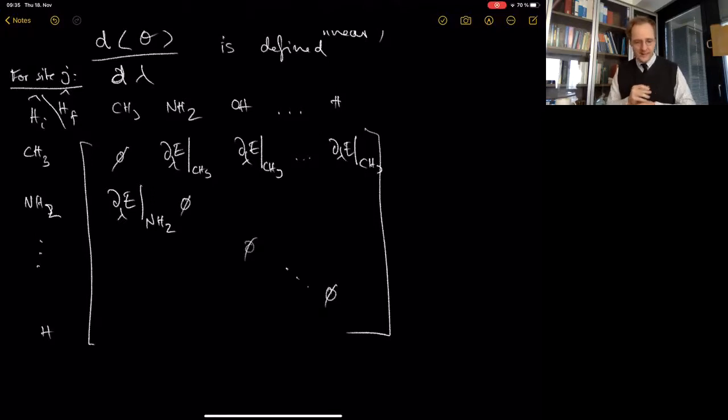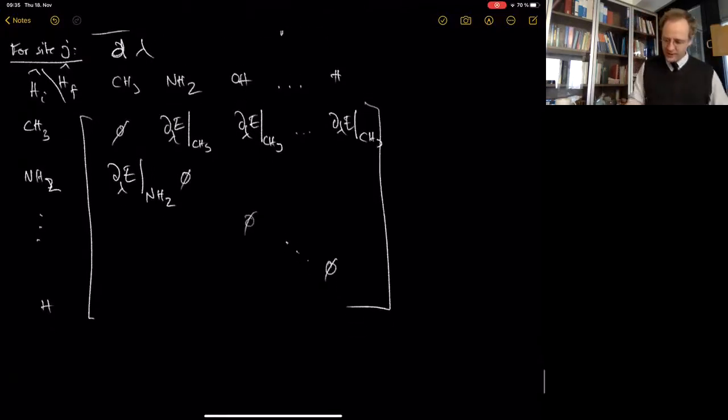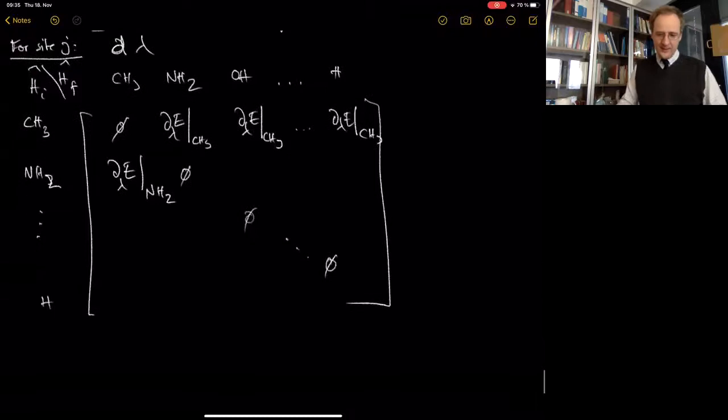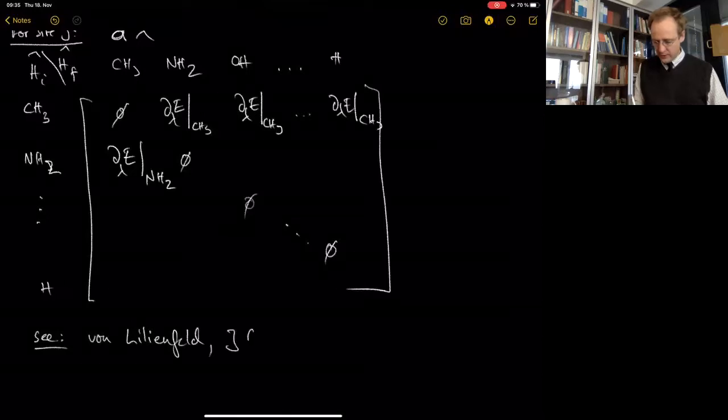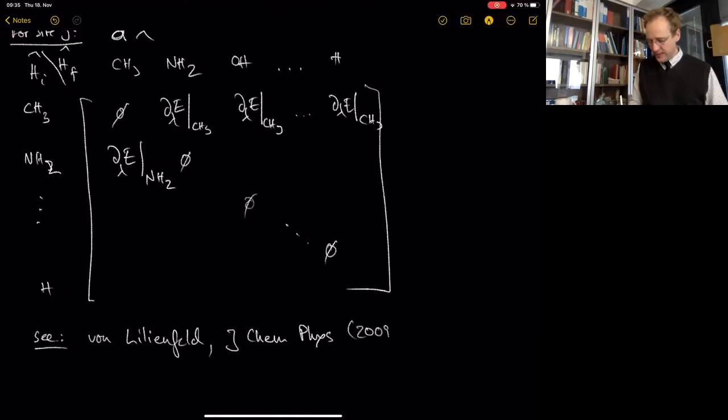And this kind of generalization is something within the picture using the Hellman-Feynman theorem, something which I've put forth in a paper in the Journal of Chemical Physics in 2009.